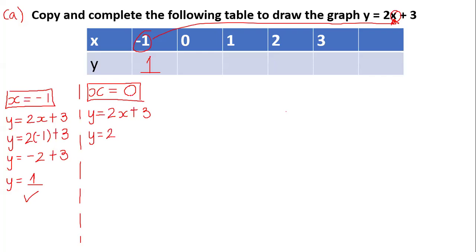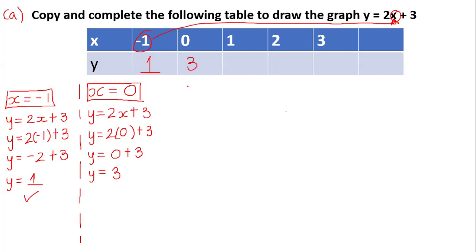Wherever we see x, we're going to put what? 0. Very good. Plus 3. What is 2 times 0? 0. Very good. Plus 3. What is 0 plus 3? 3. Very good. So that means this is going to be 3.